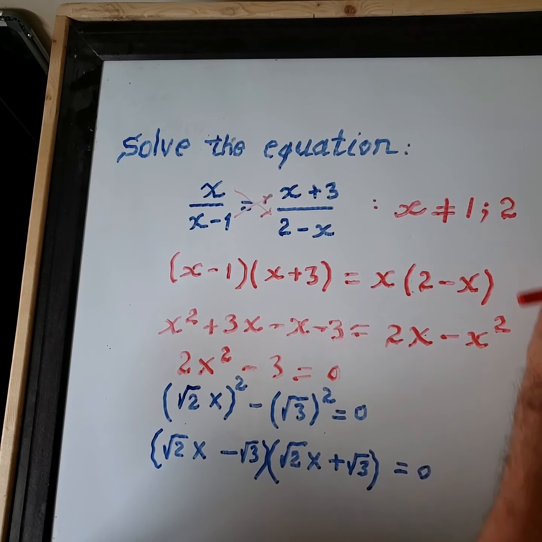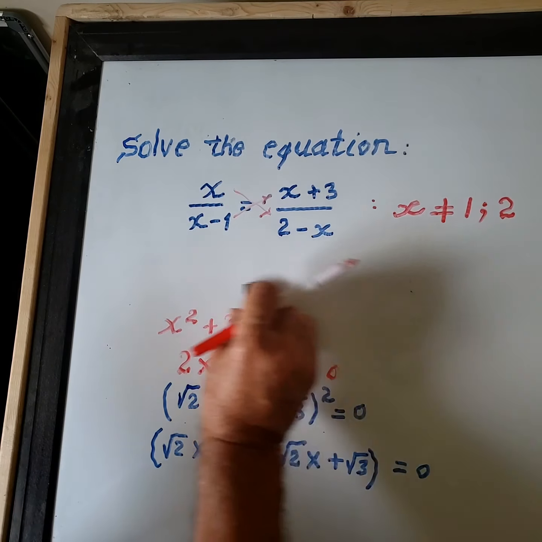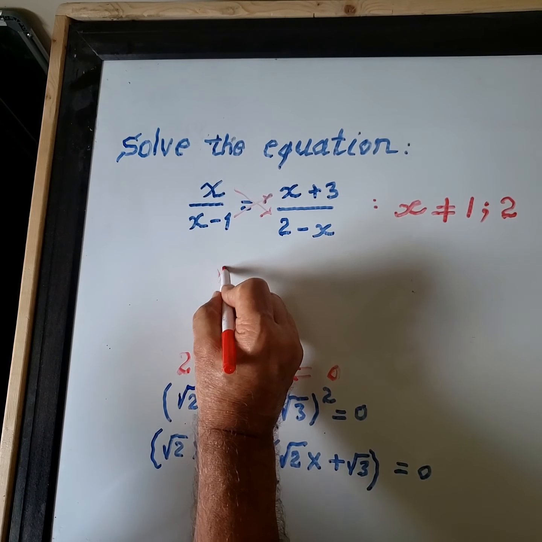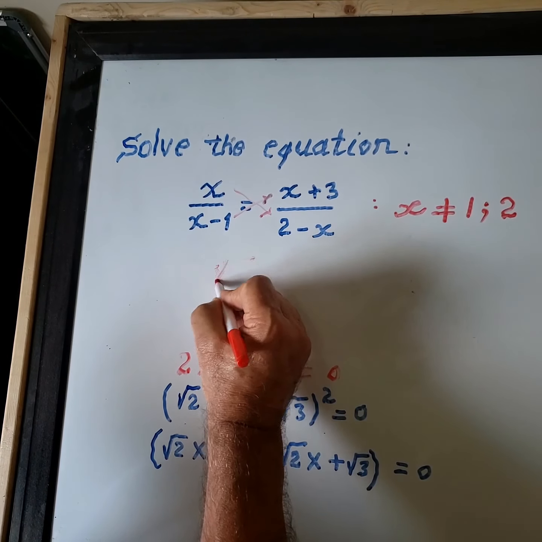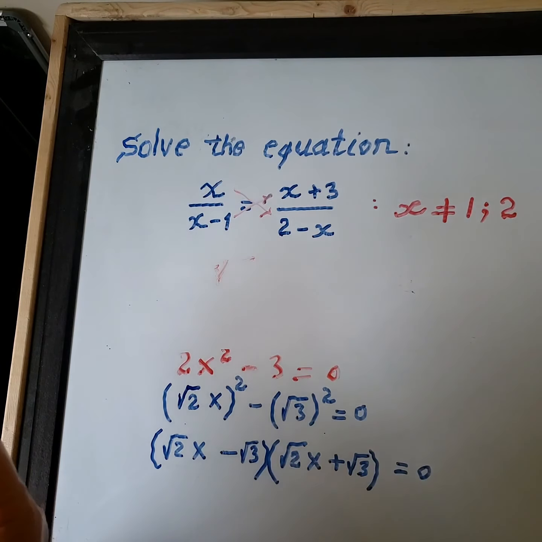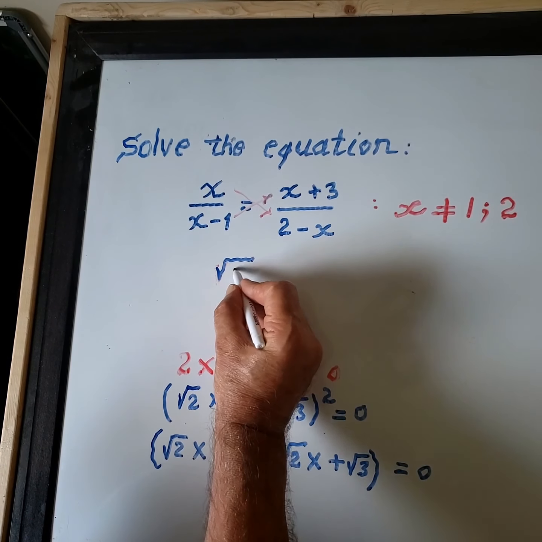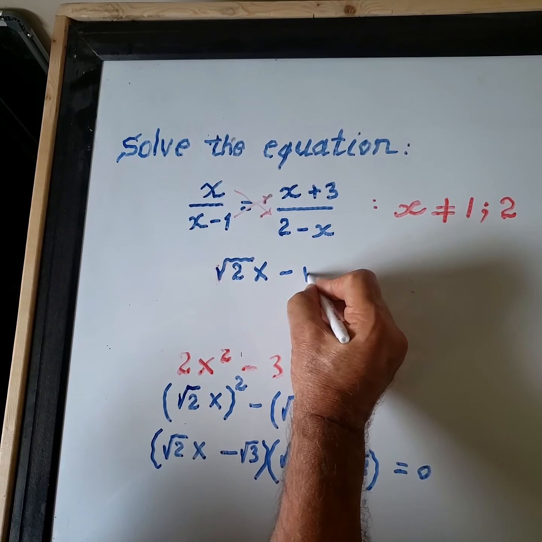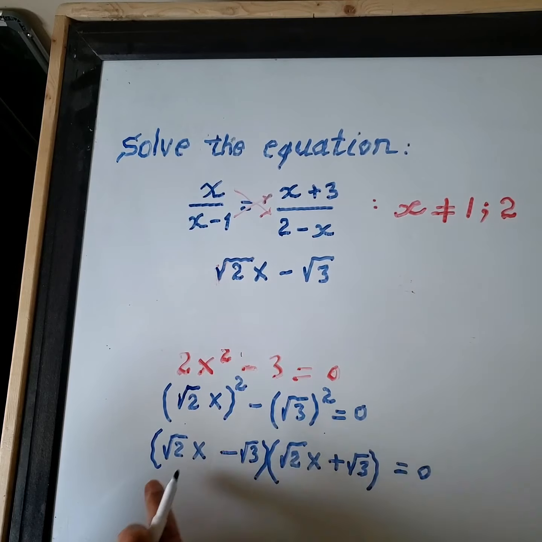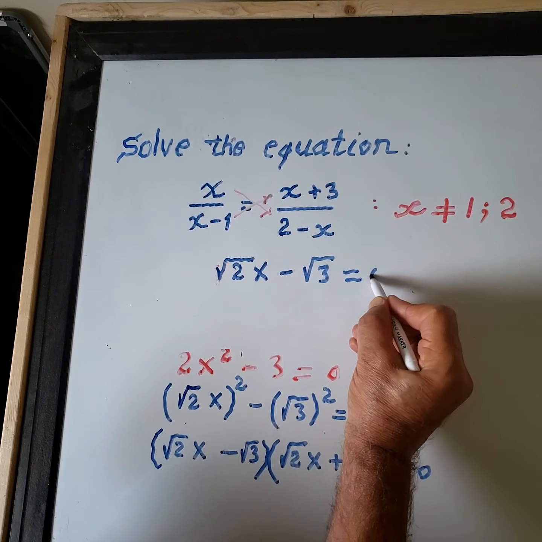This means we can take square root of 2 times x minus the square root of 3, the first two brackets, and put them equal to 0.